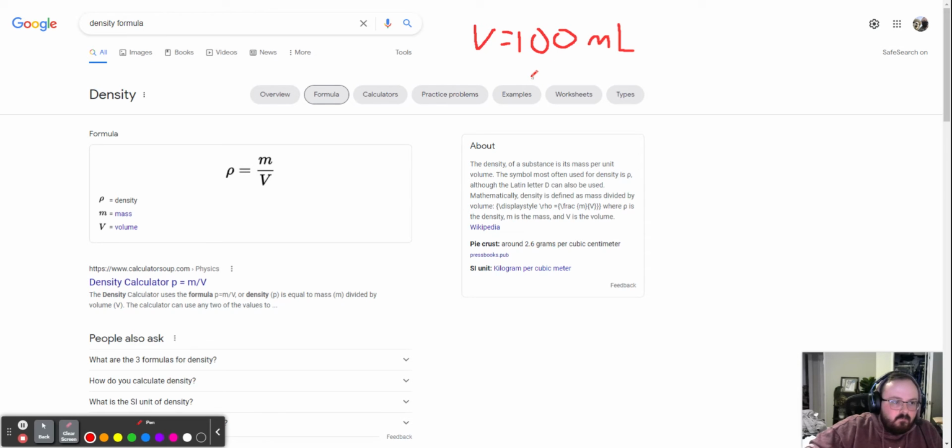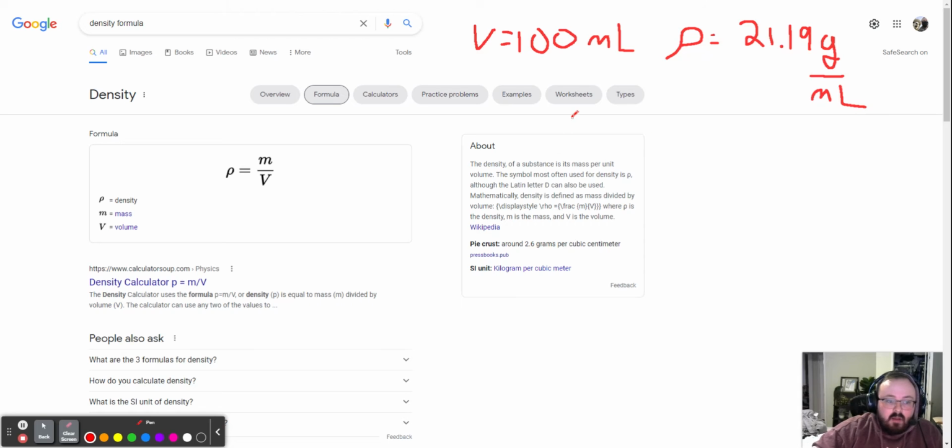But if this was a completely different example, you took the density from your calculations from part one and two of that question. It should have been 21.19 grams per milliliter. That's what we should have gotten.